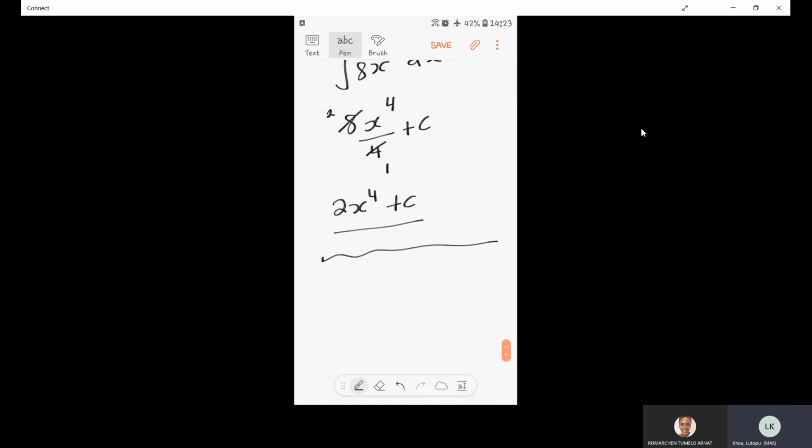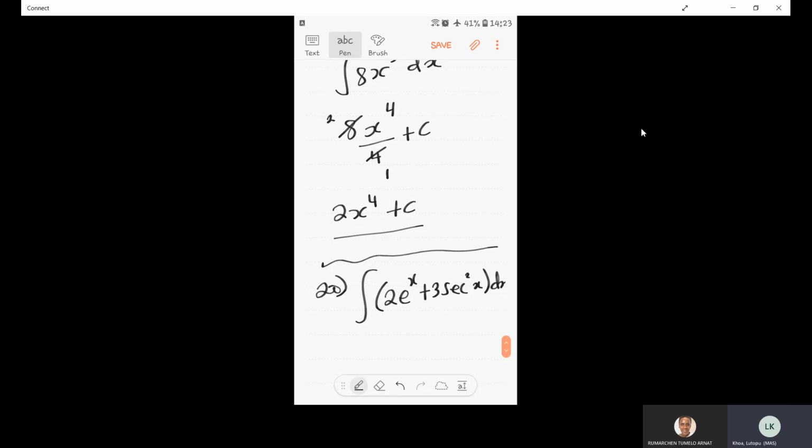And then number 20, we have the integral of 2e to the power of x plus 3 sec squared x dx.